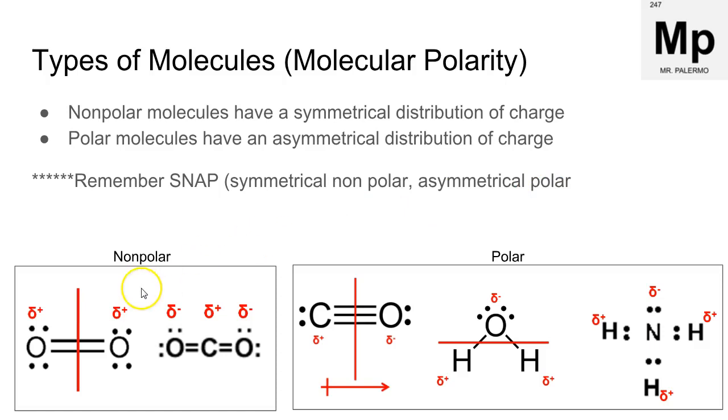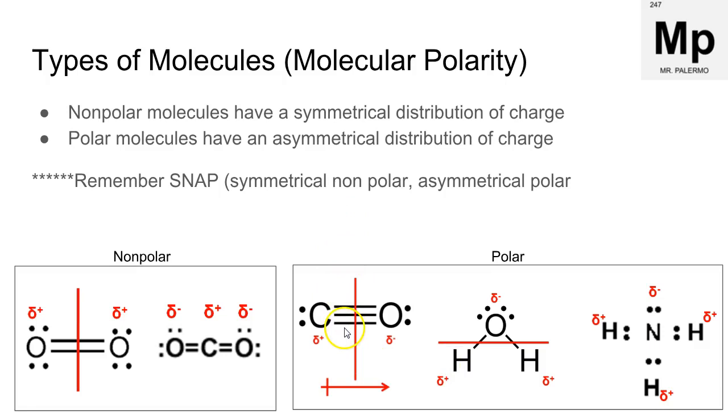So we look at a nonpolar molecule. They exhibit symmetry. Here we have the same atom on both sides, and the same thing here. What I'm showing you is the partial charge. If you imagine the oxygens are pulling the electrons towards them, and since electrons are being pulled in this direction and this direction, we have a symmetrical distribution of that charge amongst this molecule, and that's why it's nonpolar.